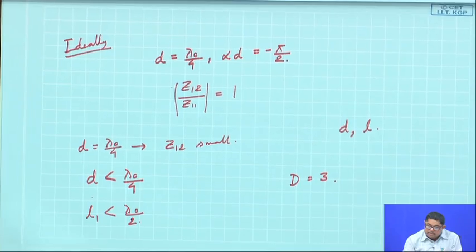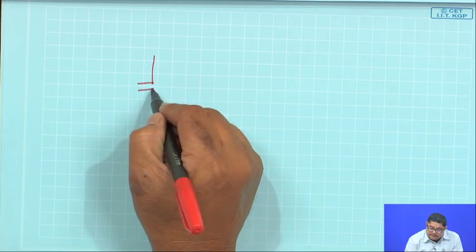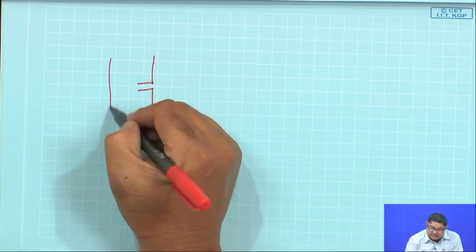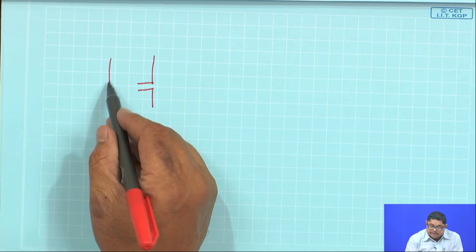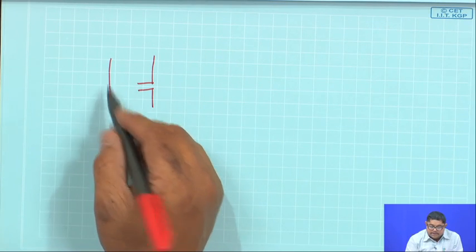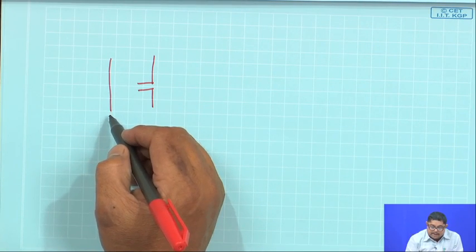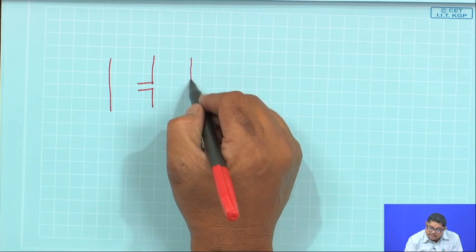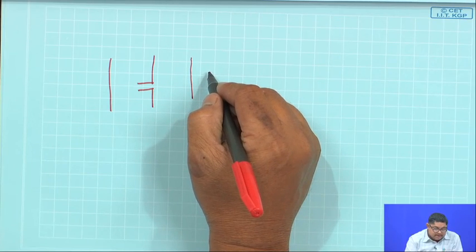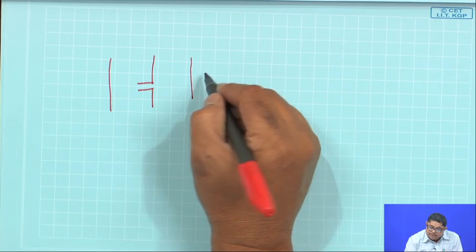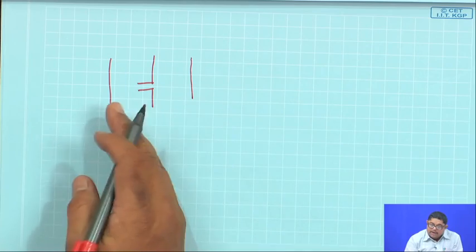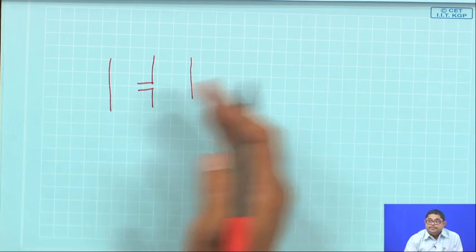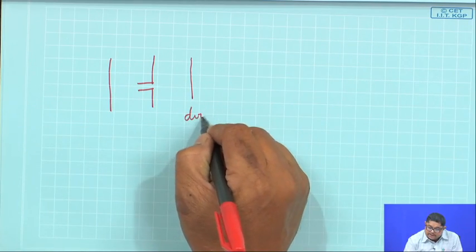That means people have made a structure like this: suppose I have the driven element, and in this direction I do not want radiation, so this is a parasitic element, and here I have a shorter element, shorter than lambda naught by 2. This one will improve the radiation. These are called directors.